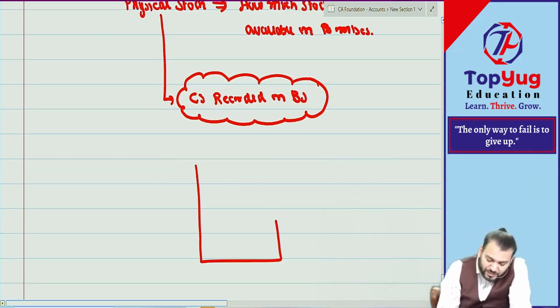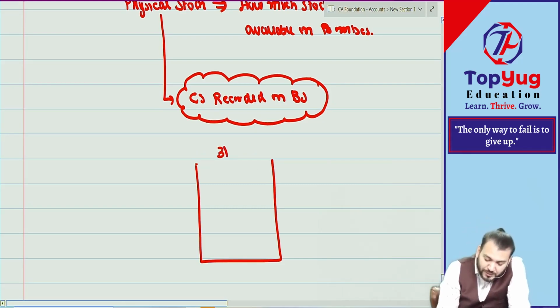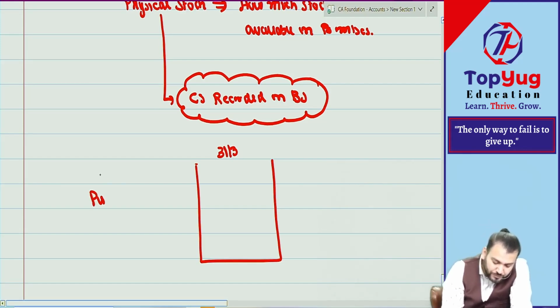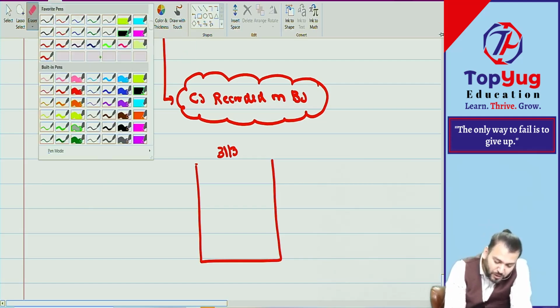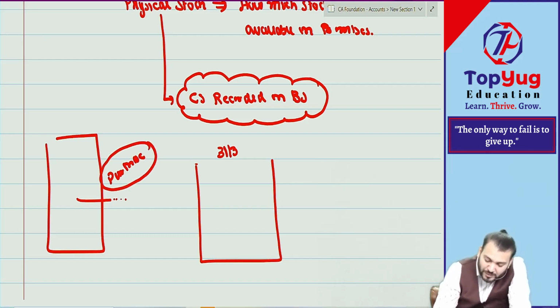Suppose this is the premises on 31st March, correct? You purchase some goods from a supplier, yes or no? Purchased and invoice received. Once it is purchased, you will pass one journal entry: purchase account debit to bank or creditor.